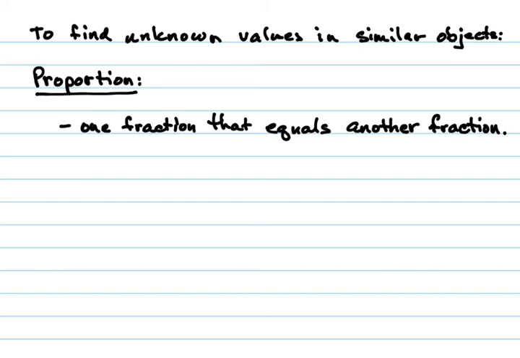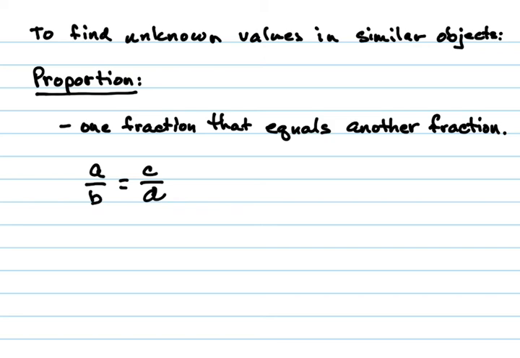So we know that those two ratios, those two fractions, are equal to each other, even though they have different numbers, right? And instead of just simplifying it and then multiplying, we can use what's called a proportion to find these. So what you've got is A over B equals C over D. So this is what a proportion looks like. One fraction equals another. And one of those values will be an unknown value. Now you can't do it with more than one unknown. You can have only one unknown value.